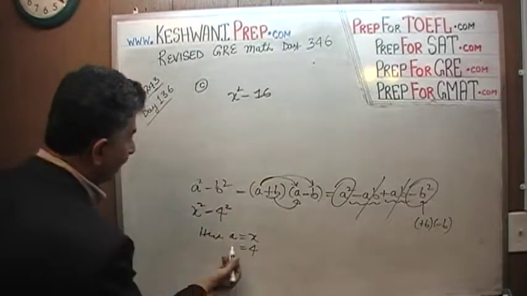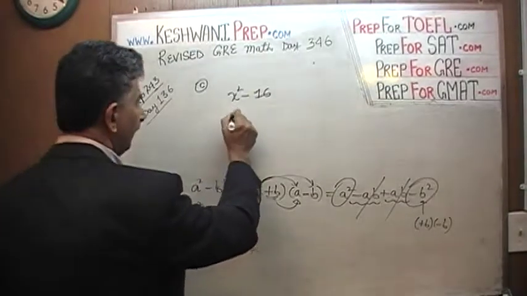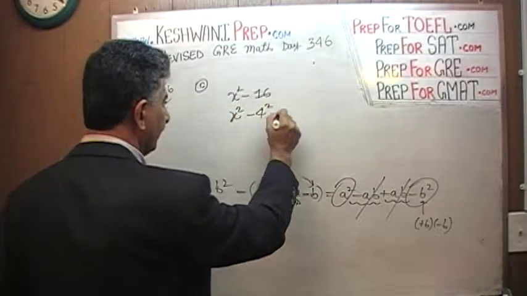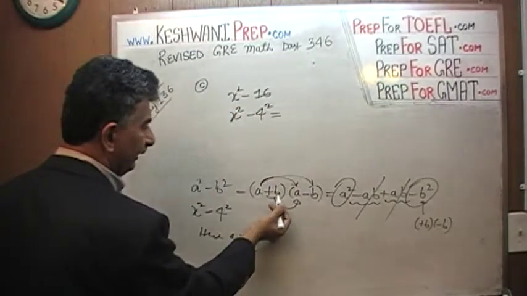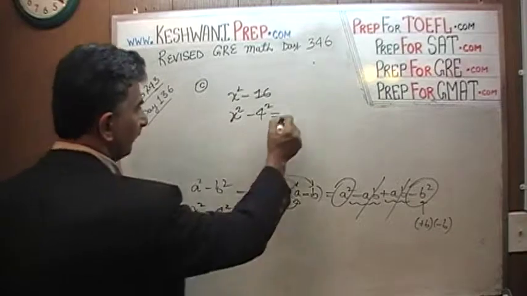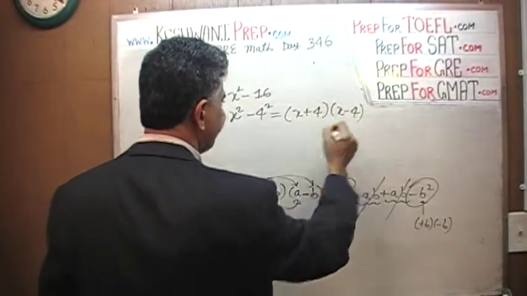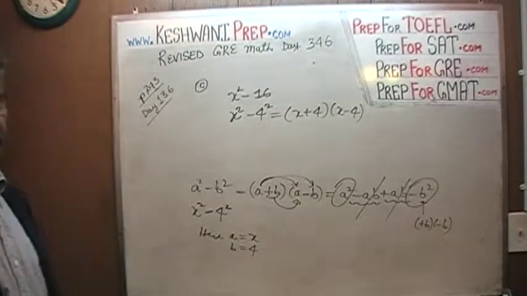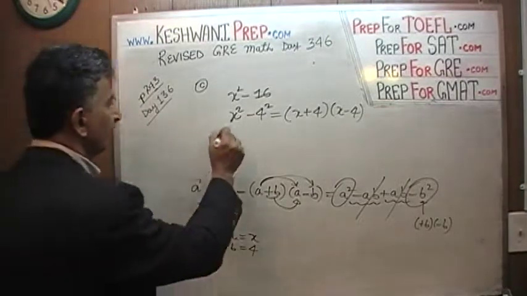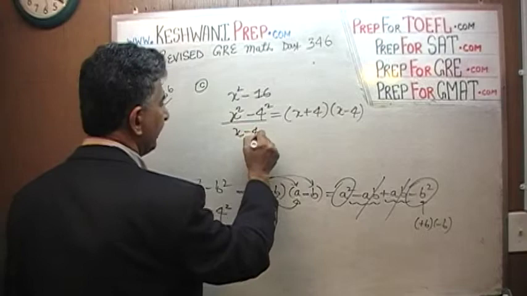This is essentially x squared minus 4 squared, which is a squared minus b squared, so it's going to be x plus 4 times x minus 4. That's what we have on the top, and on the bottom we have x minus 4.